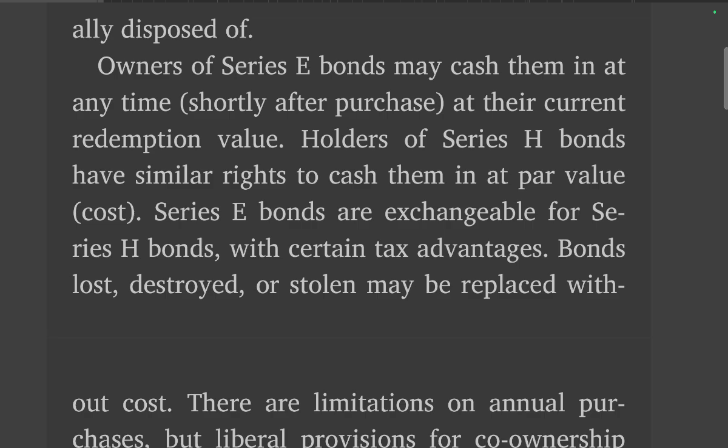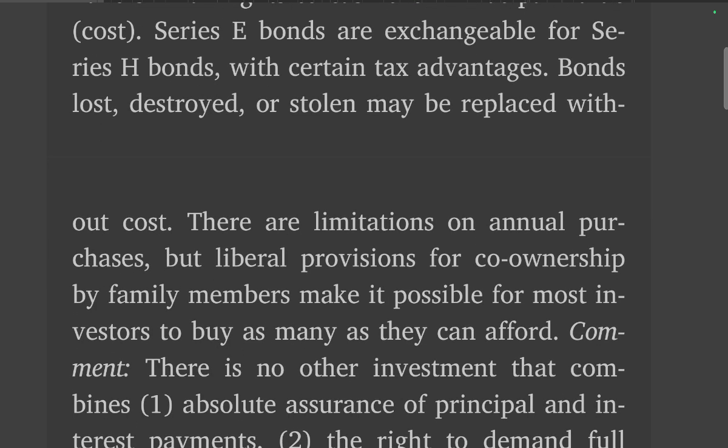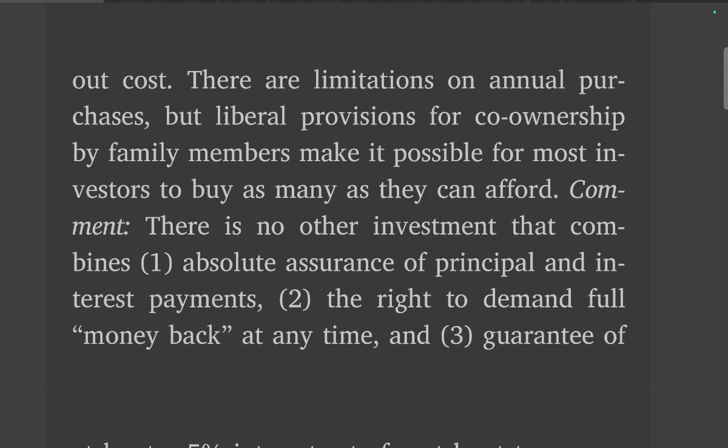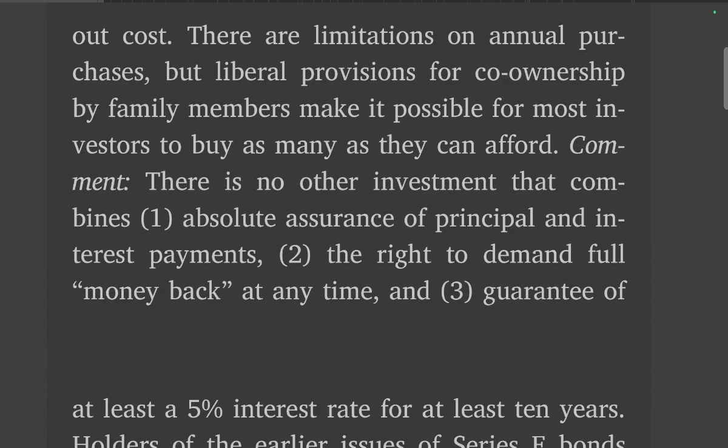Holders of Series H bonds have similar rights to cash them at par value. Series E bonds are exchangeable for Series H bonds with certain tax advantages. Bonds lost, destroyed, or stolen may be replaced without cost. There is a limitation on annual purchase, but liberal provisions of co-ownership by family members make it possible for most investors to buy as many as they can afford.